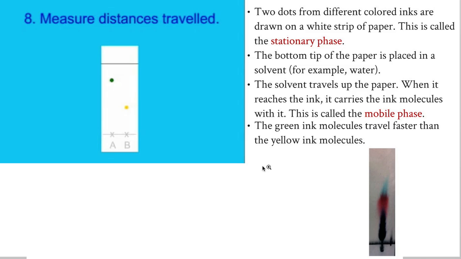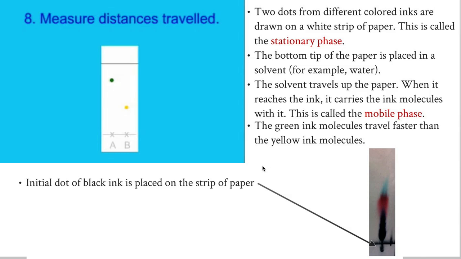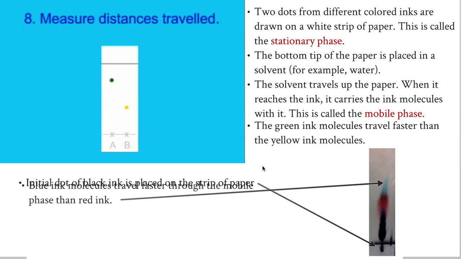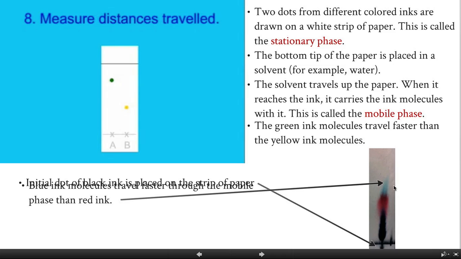Now here is a real life example. The initial dot of black ink is placed on that strip of paper. Blue ink molecules travel faster through the mobile phase than red ink. Sorry, this got jumbled up. But the blue ink travels faster. That's why it got farther.